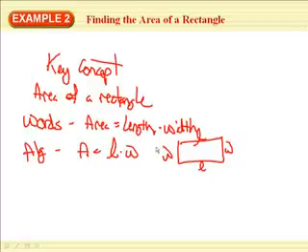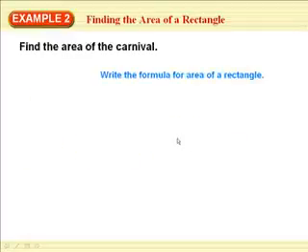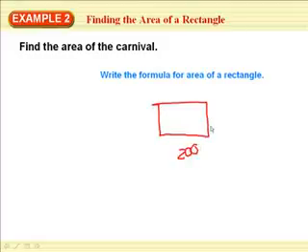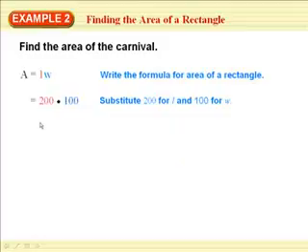Alright, so we do the first example. Find the area of the carnival. Well, let me show you this carnival picture again. It was 200 by 100 feet. So we write the formula, area equals length times width. We put in 200 for the length, 100 for the width. And look at the quick multiplying.